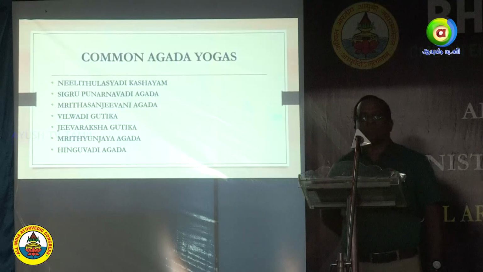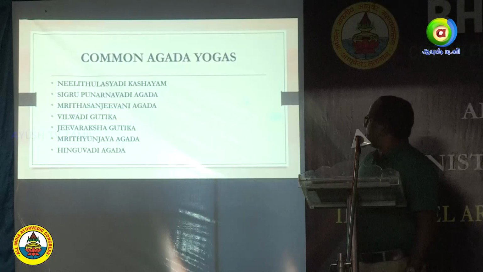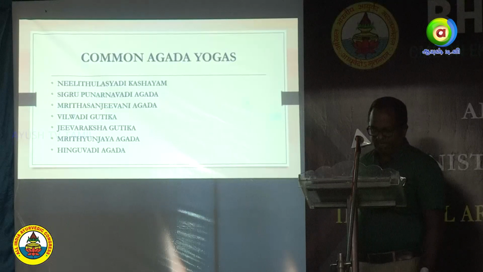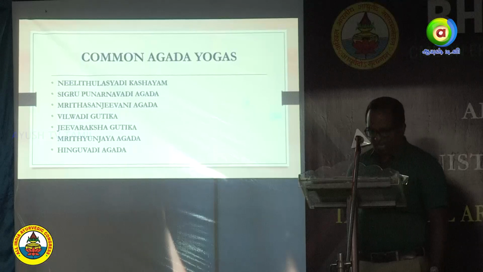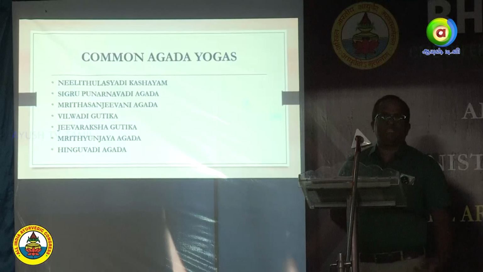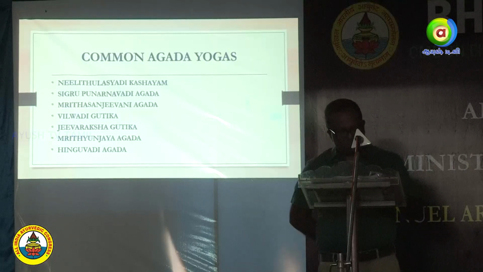Then common Agada Yogas, I need not explain each and everything since everything is explained by Ashwati madam. Common ones are Neeli, Tulasyadi Kashayam, Shigru Punarnavadi Agadam, Mrida Sanjivani Agada, Vilwadi Gudika, Jivaraksha Gudika, Mrityunjaya Agada and Hingwadi Agada. Everything is already explained in detail by Ashwati madam.